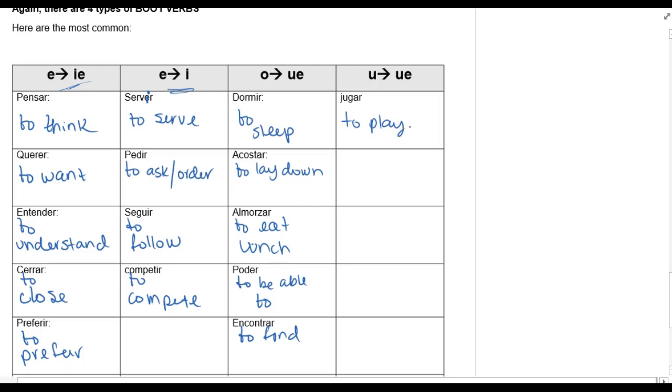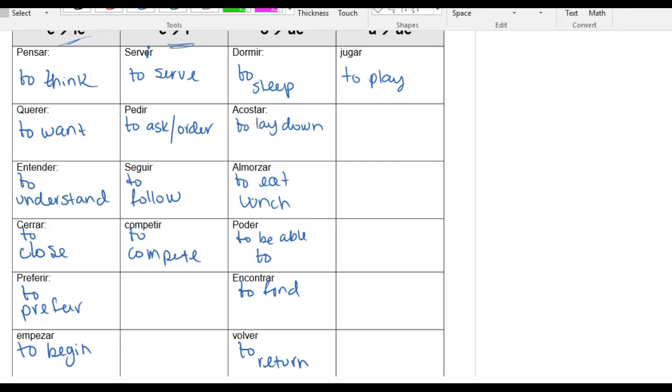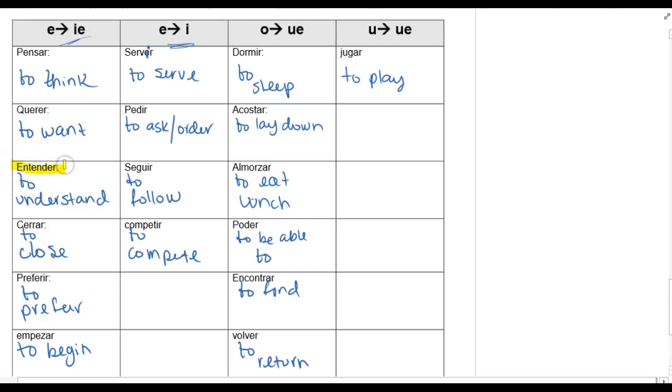Okay? Now, a lot of students have asked me how do you know which vowel to change, for example, if we look at the verb entender, right? How do we know which E to drop and change into an IE? Because there's three of them. Now, the first way of knowing is that if there are multiple E's or O's, obviously it's not going to count for the last two letters because those are your verb endings.